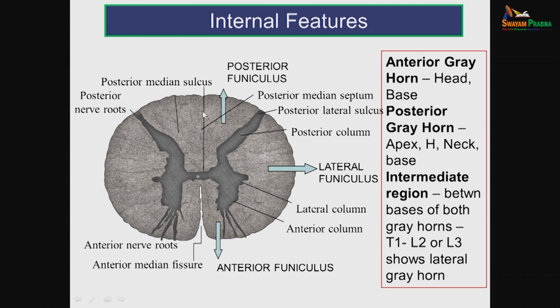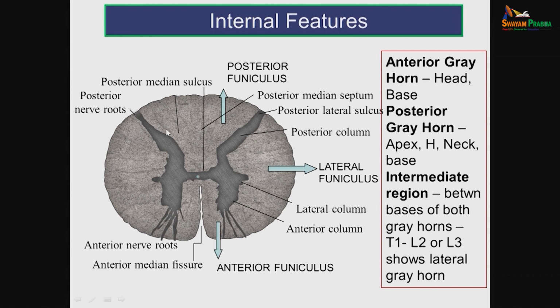One more thing you must note in this diagram is that we talked about a posterior intermediate sulcus on either side. From there a septum is extending, that is called posterior intermediate septum. So, above the mid-thoracic region, this posterior intermediate septum is present, that is, in cervical and upper thoracic segments.